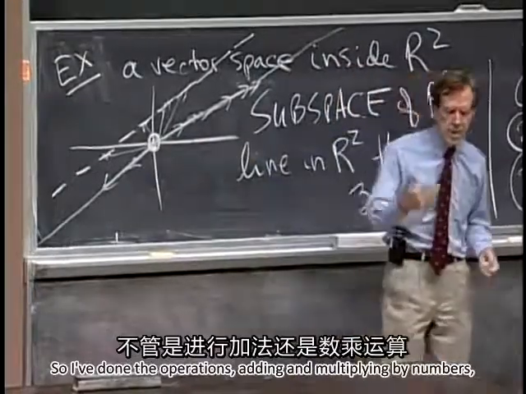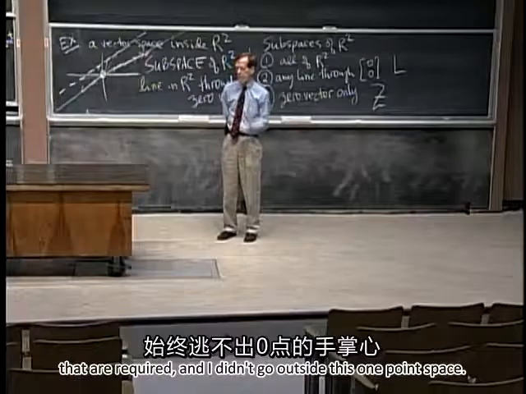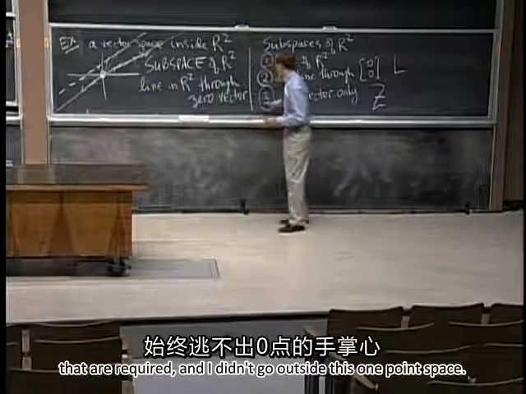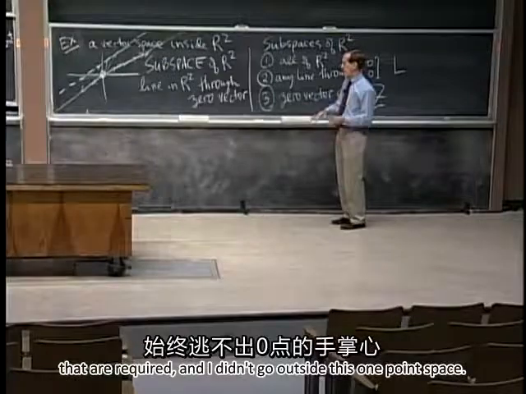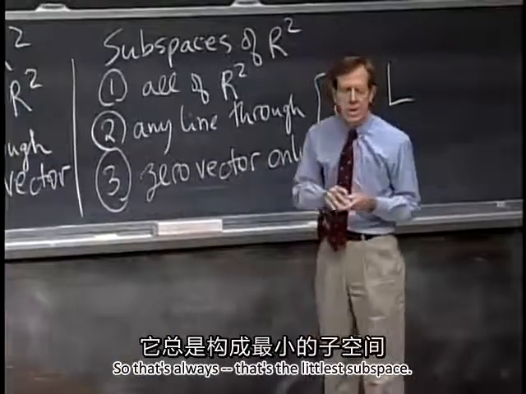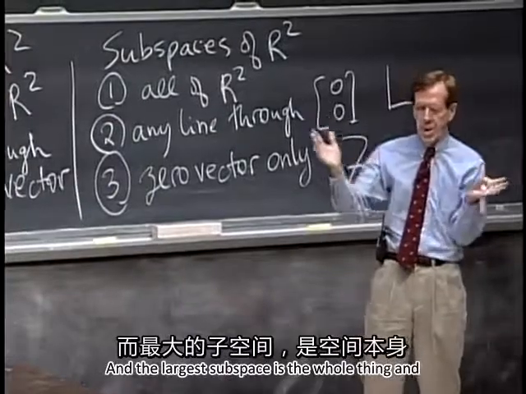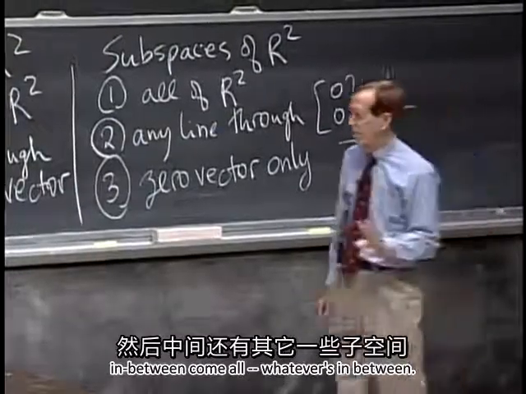So I've done the operations, adding and multiplying by numbers, that are required, and I didn't go outside this 1-point space. So that's the littlest subspace. The largest subspace is the whole thing, and in between come whatever's in between.